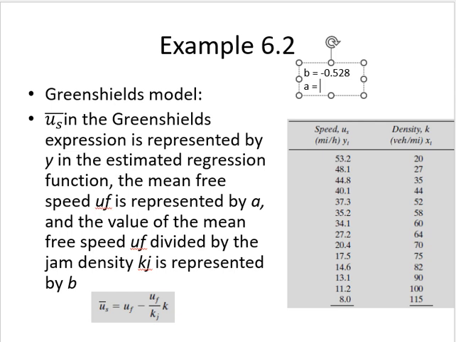Now tell me, this is A and B, this is the regression equation, right? But what does it mean here? We said A is UF. What was UF? Free flow speed. So this is the free flow speed.